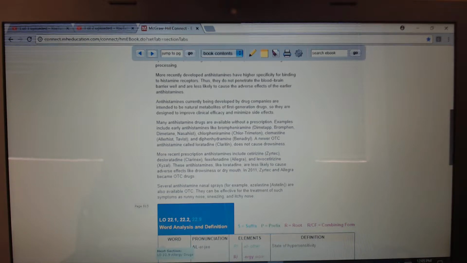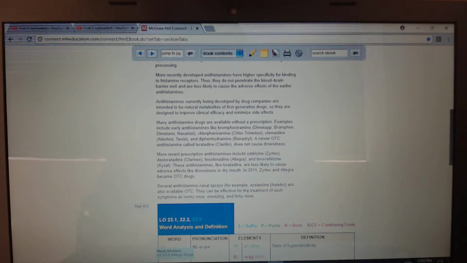Examples include early antihistamines like Dimetapp, Dimetane, Nasahist, Chlor-Trimeton, Allerhist, Tavist, Benadryl, which is obviously diphenhydramine, often seen combined with a medication like Tylenol PM, which has acetaminophen and diphenhydramine.